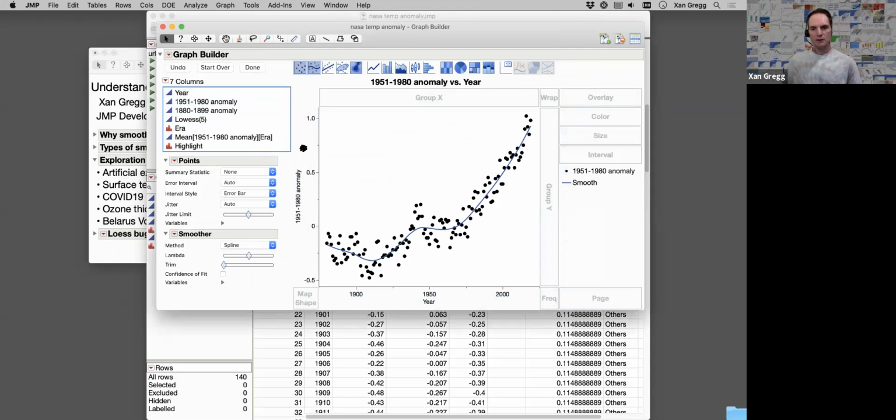I forget which one it is, but I did want to point out that with the smoother, one of the drawbacks, and a reason a lot of statisticians are going to be sticking to linear regression and polynomial regression, is that you have to make a judgment call about how smooth you want to make it.